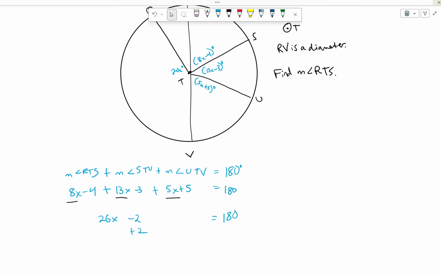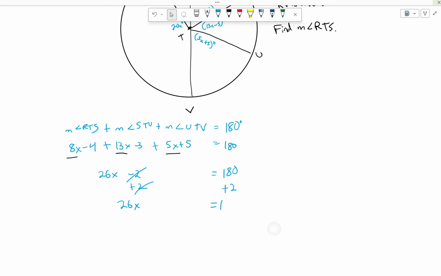Add 2 to both sides algebraically, so 26x is equal to 182. Then divide both sides by 26.